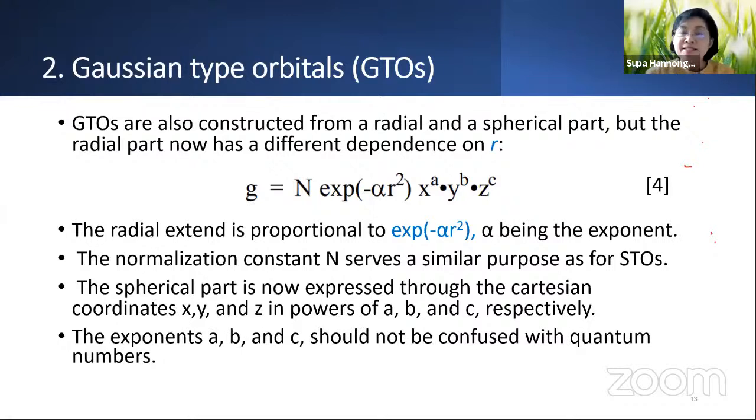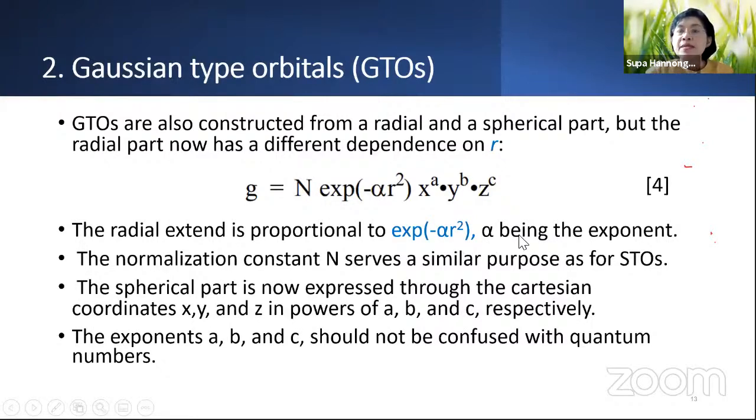You need to understand a little bit about the radial part and the angular part. In the GTO function, the radial part extends proportional to exponential of minus alpha r squared. This is very important. You need to look at this, minus alpha r squared.